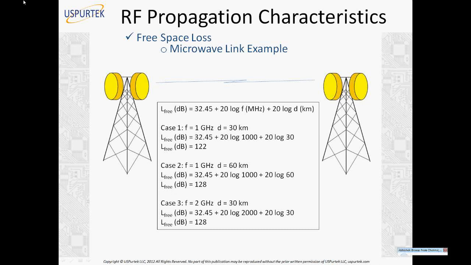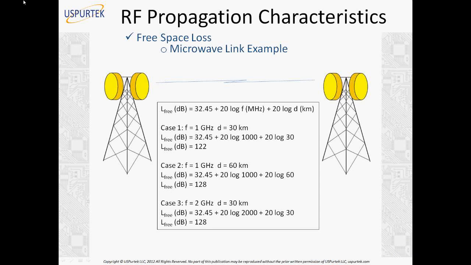We get more free space loss, 128 dB. Yes, this is log base 10. So you see there's 6 dB more power loss here, from 122 to 128, because we doubled the distance.